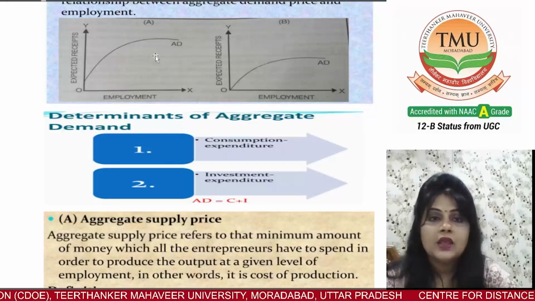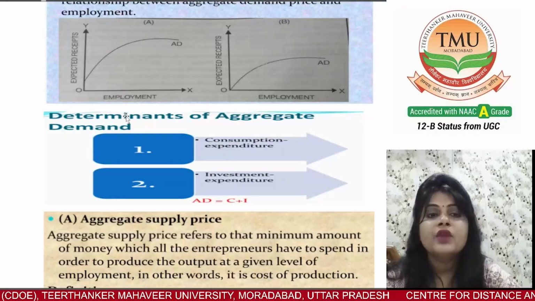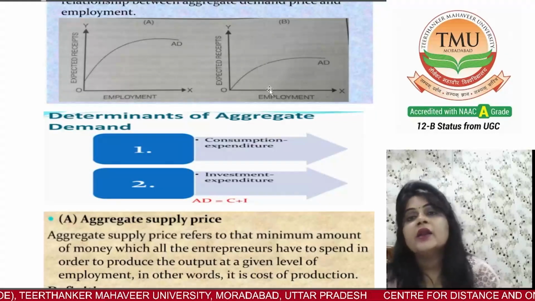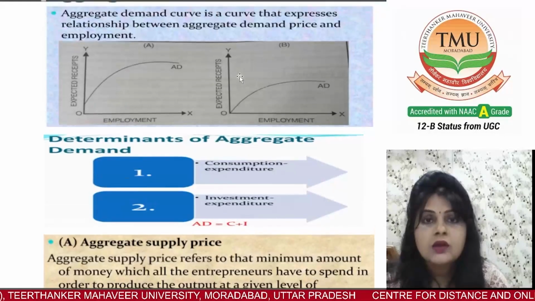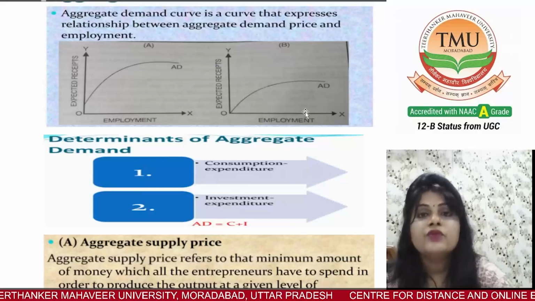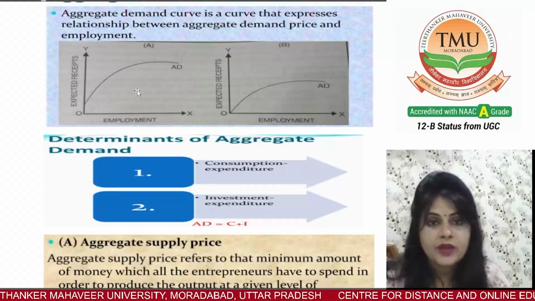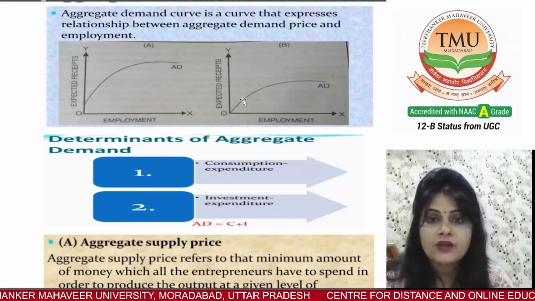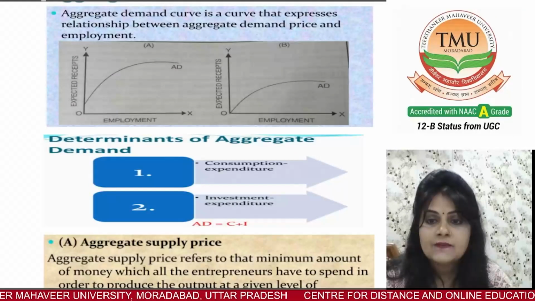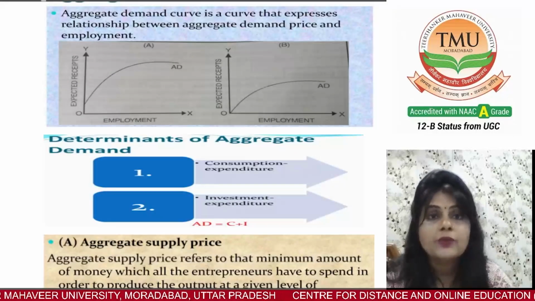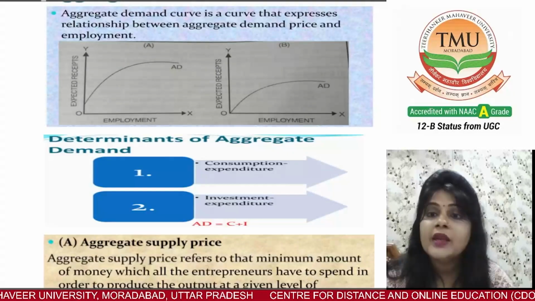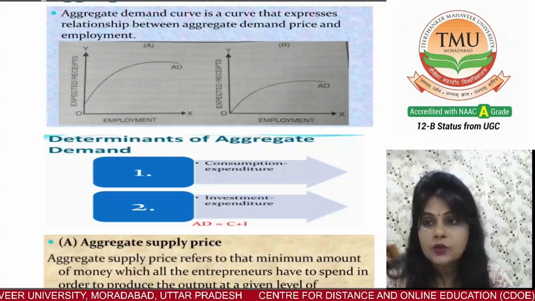Show the curve in the figure as you see, and the different aggregate demands show the different levels of employment. Here you see both curves are different. So I think you have understood aggregate demand, which is expected revenue.